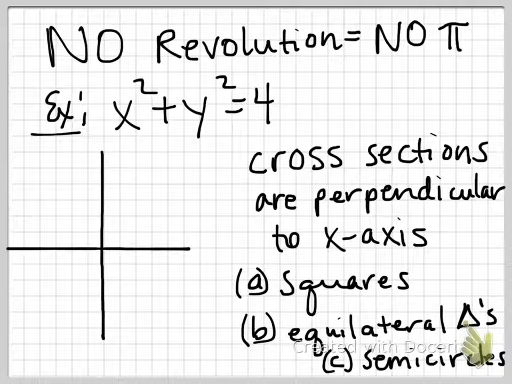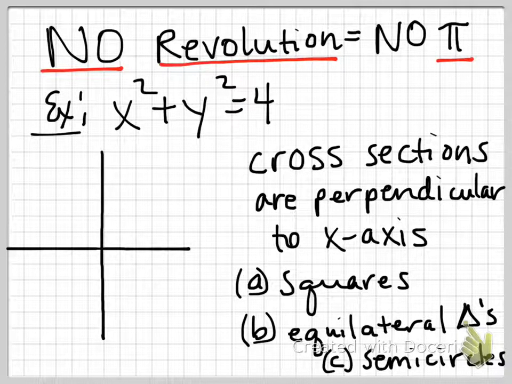First of all, the question will ask to find the volume of an area that has a cross-section perpendicular to the x-axis or the y-axis, but it will not say anything about revolution or revolving. If you don't have the word revolution, then you don't need pi in your formula.